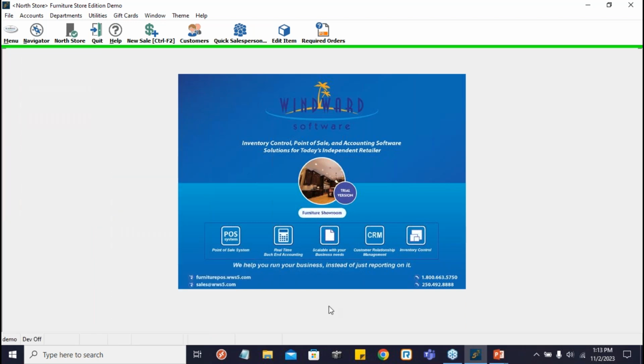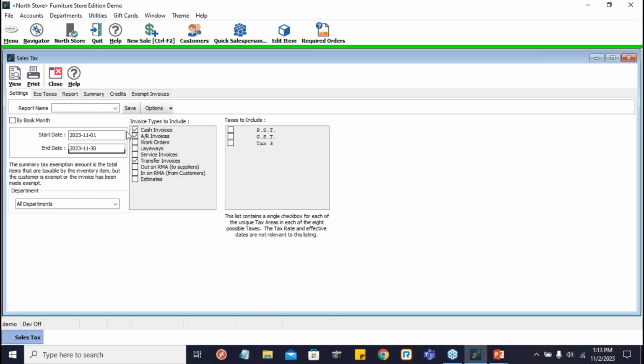I'm just going to run this for today. Of course, you can run this for a monthly or quarterly period, depending on what you need to report by. Let's go view.